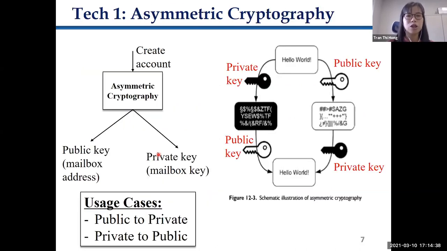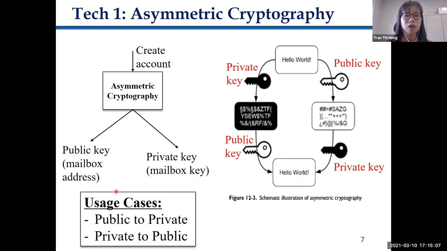Okay, let me briefly explain asymmetric cryptography. When you create an account, it means that you are running an asymmetric cryptography algorithm. You create two keys, which we call the public key and the private key. If you encrypt data using one key, you can decrypt it using the other key, and vice versa.